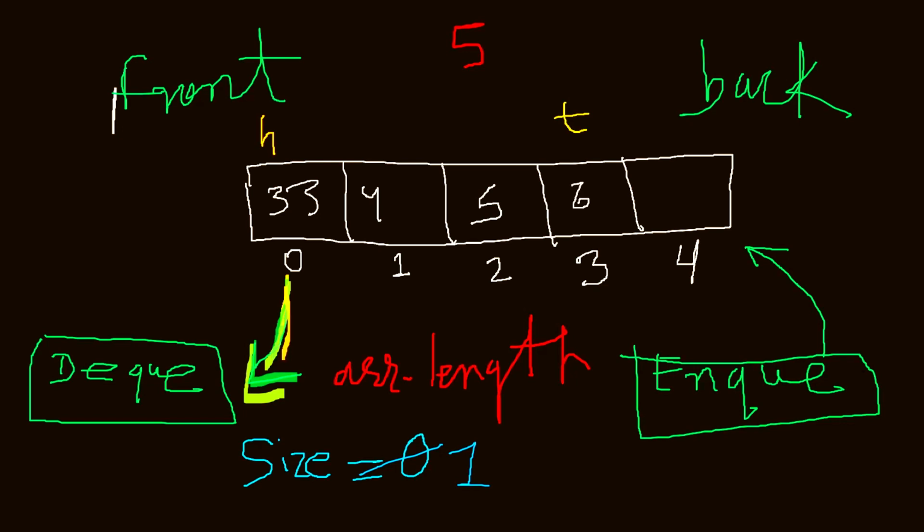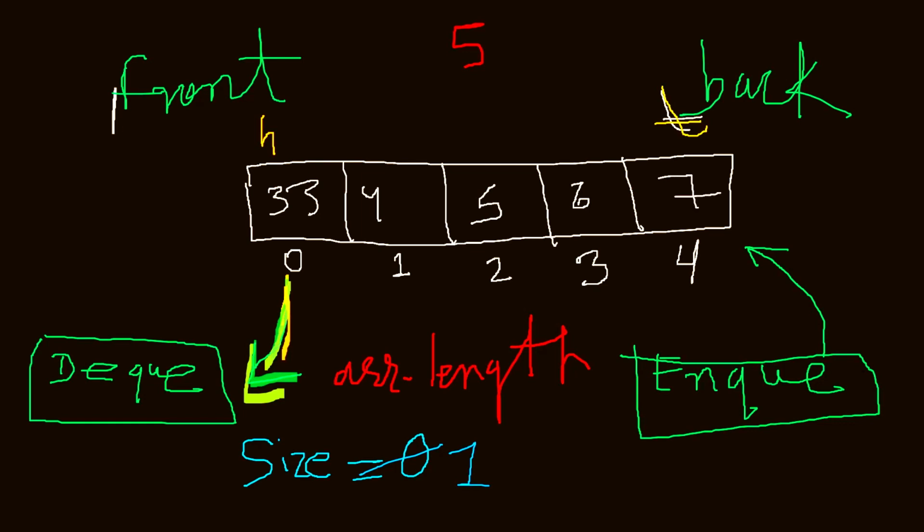Now again, if you want to insert an element, the tail will move forward from here to index 4, right? The tail will be here, and the element will be, let's say, 7 here.